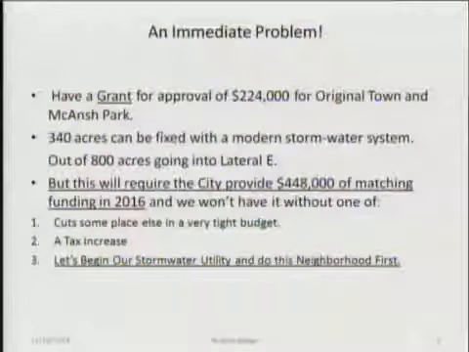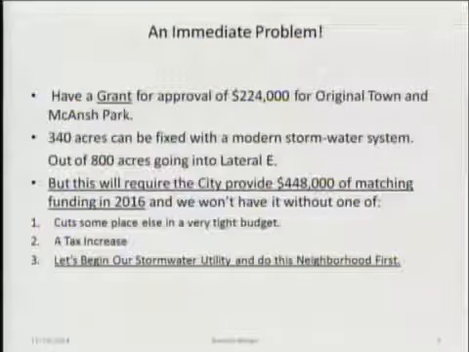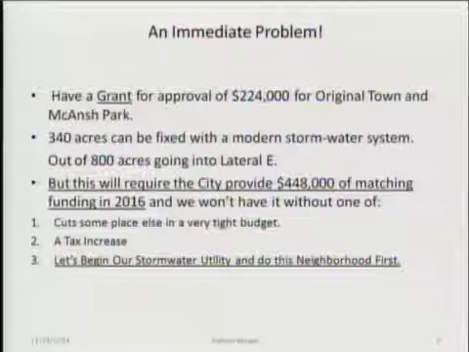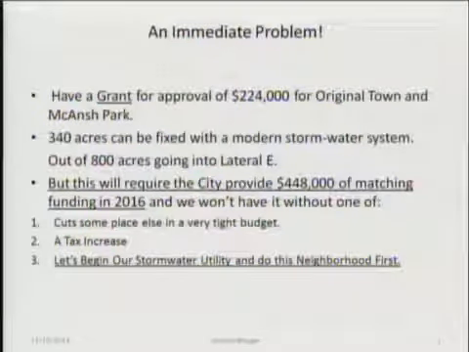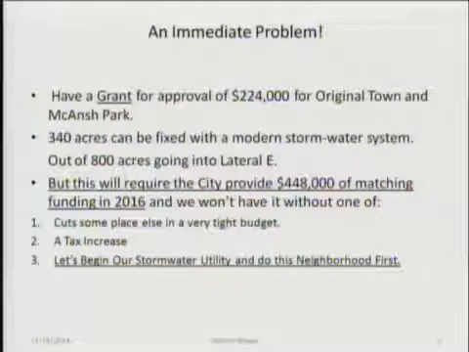An immediate problem. We have a grant for approval, which will come forward, I believe, at the next city council, Jim, or the one after? Yes, I believe that's right. We have a grant for approval of $224,000 for Original Town in McCamish Park. By the way, there are lots of grants available, but they're matching grants.